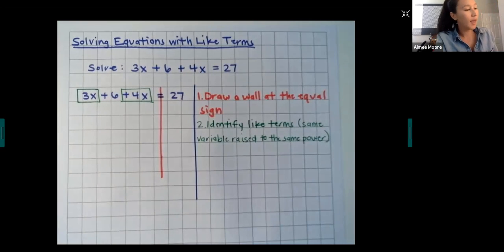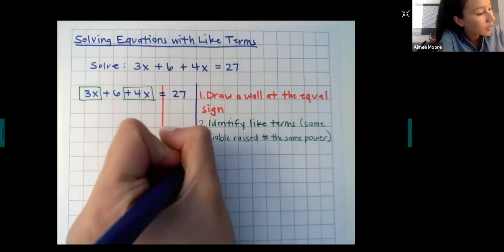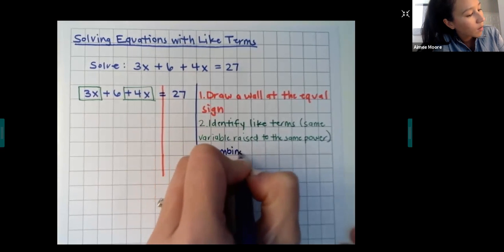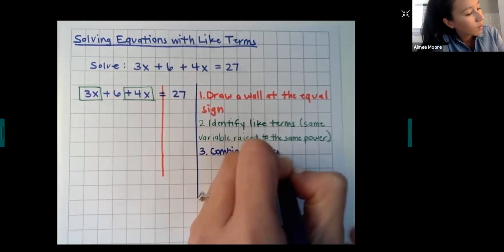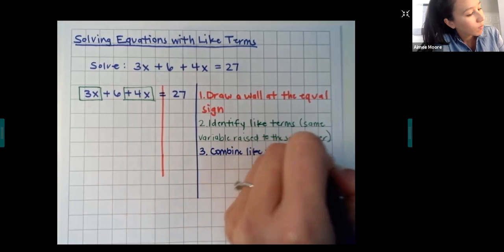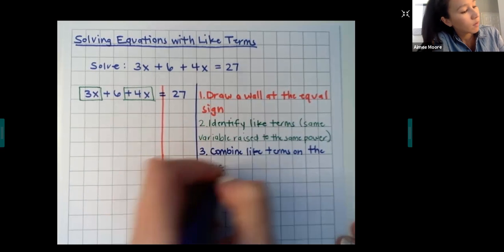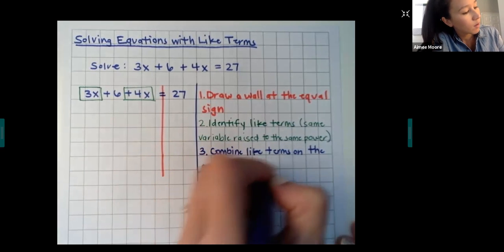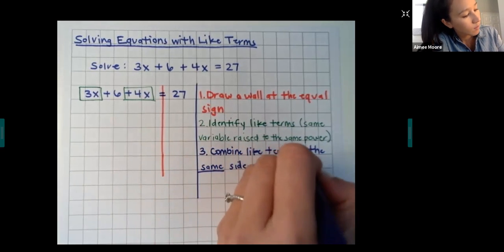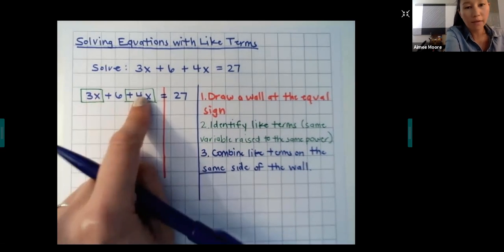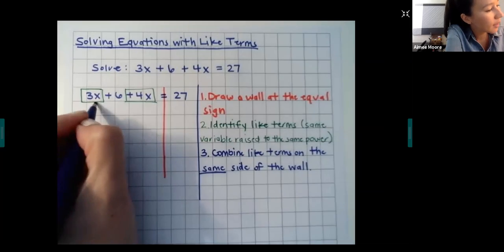Okay, so then, good. Once we do that, our next step is to combine like terms on the same side of the wall. So that's why we draw our wall. Since these are on the same side of our red wall, we can combine them.